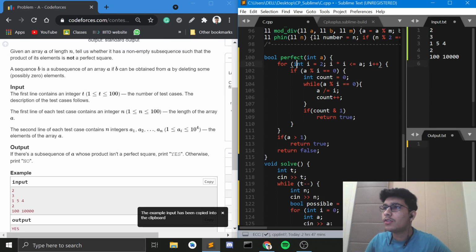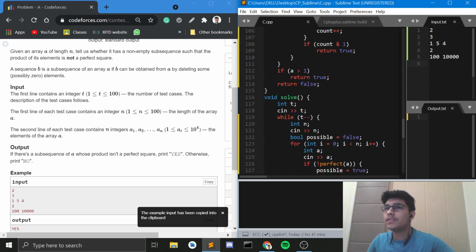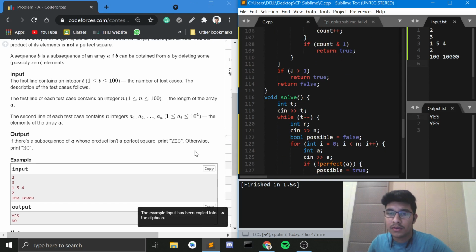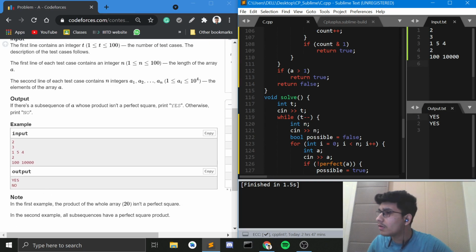Tell us whether it has a non-empty subsequence such that the product of its elements is not a perfect square. Okay.